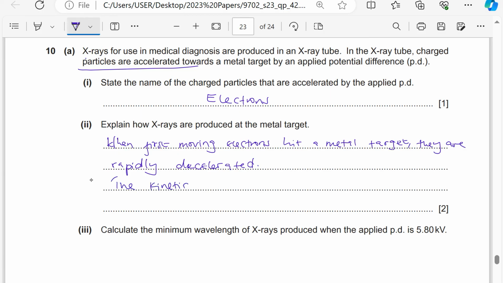The kinetic energy lost by the electrons is emitted as X-ray photons.